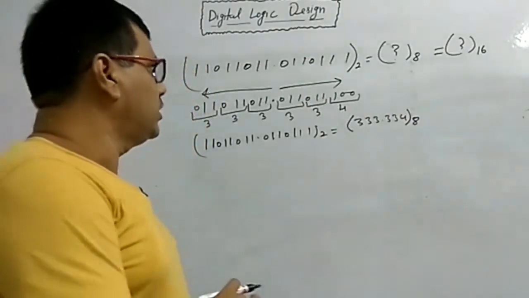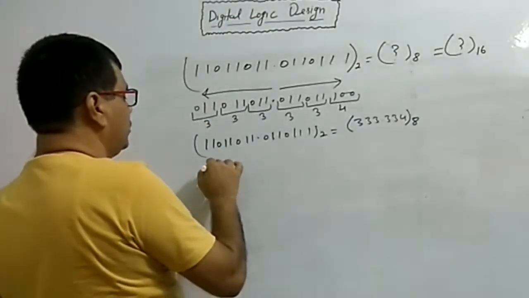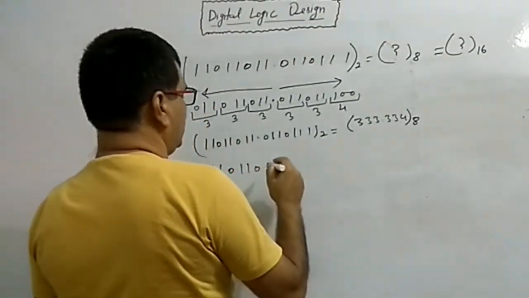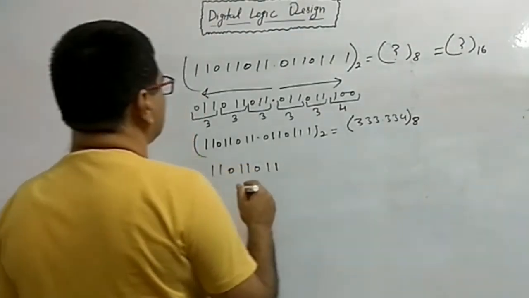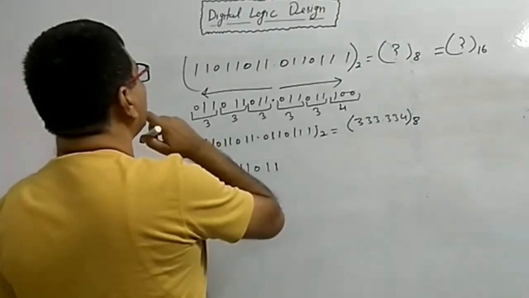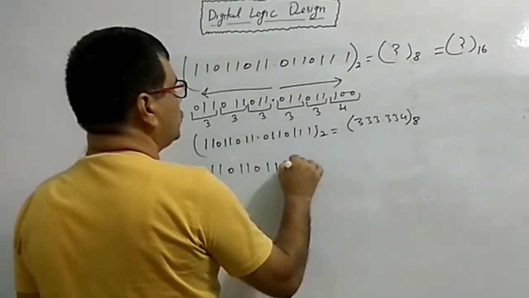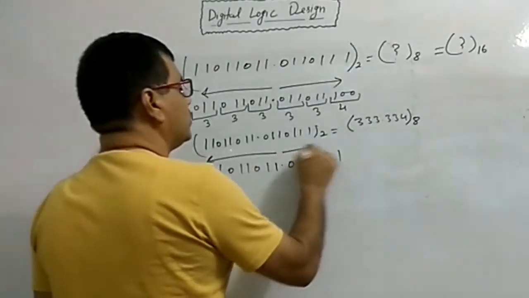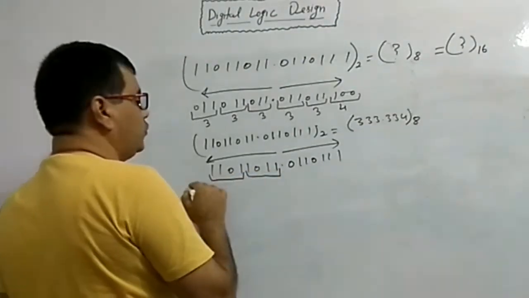And now similarly, if we want to make it hexadecimal, 11011011.0110111, now make combinations of 4. 1 2 3 4, 1 2 3 4.